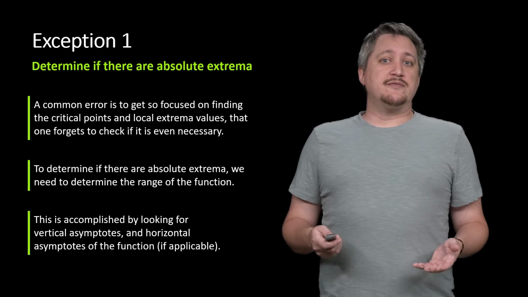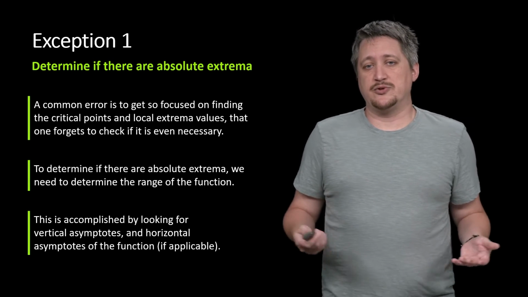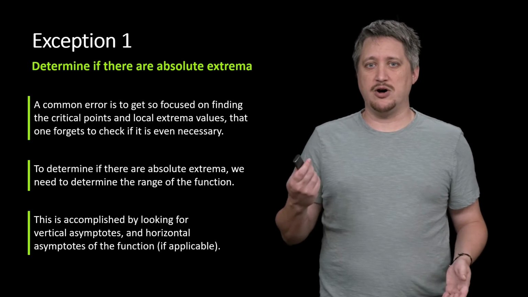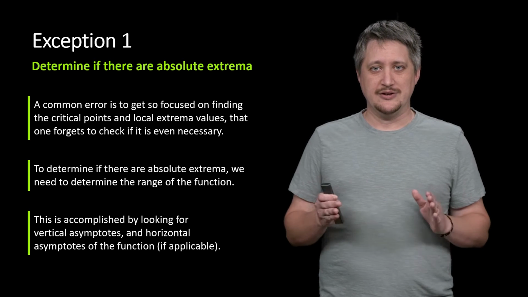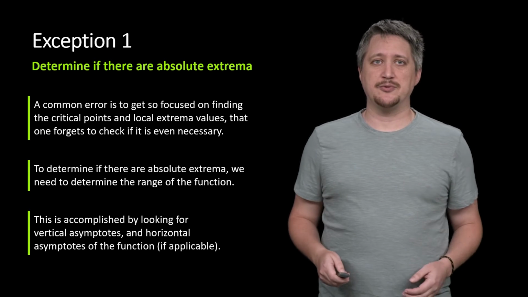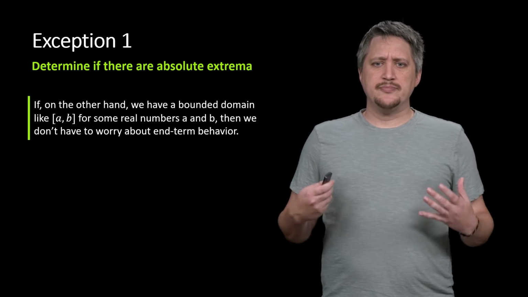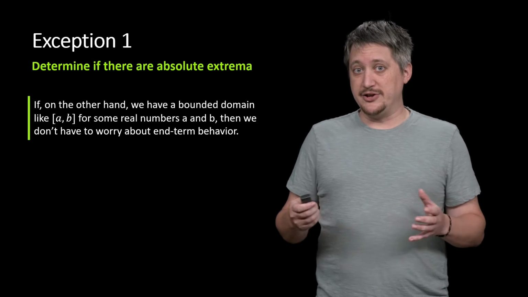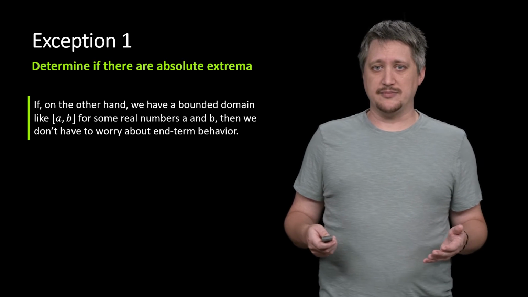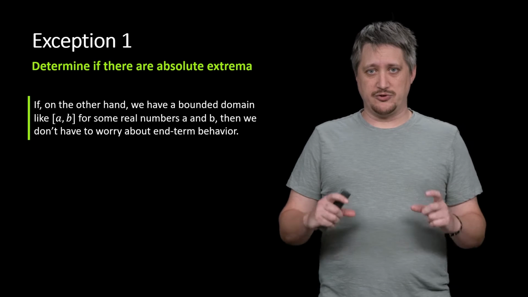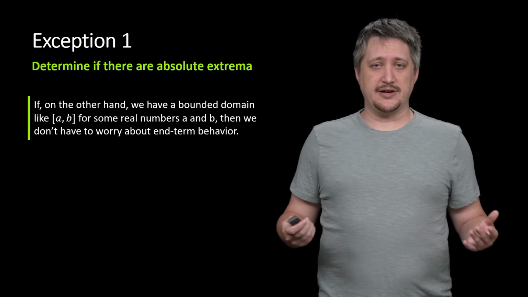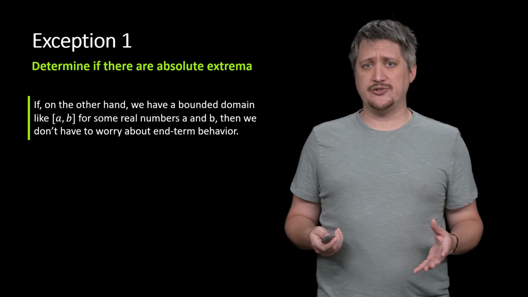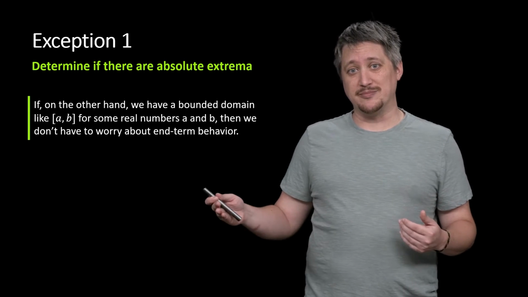And we want to look for vertical asymptotes, because as we've seen in many examples, vertical asymptotes can have the function go off to positive or negative infinity in some small area. On the other hand, if we have something like a bounded domain, so we're looking at a function and we only care about some small part of that domain, like interval a to b, then we don't really have to worry about end-term behavior because we're not actually going to that end.